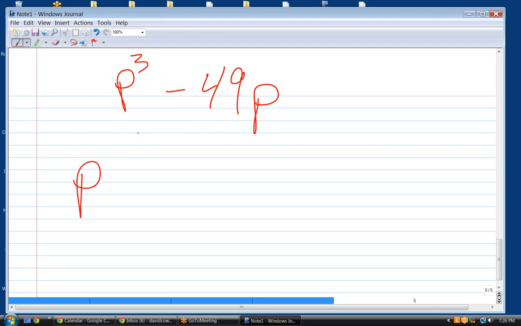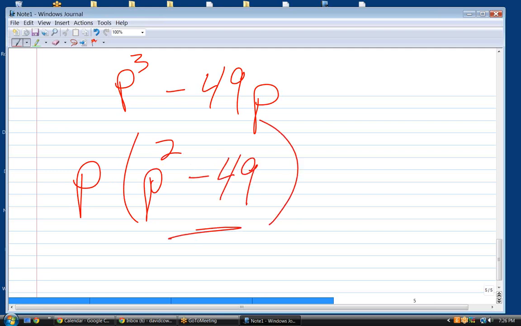Okay, what's left? It'll be p squared, and then the minus 49. What's that called? That's a difference of two squares. Difference of perfect squares. In other words, these have to be perfect square numbers. If I make that 48, that's not a perfect square anymore.